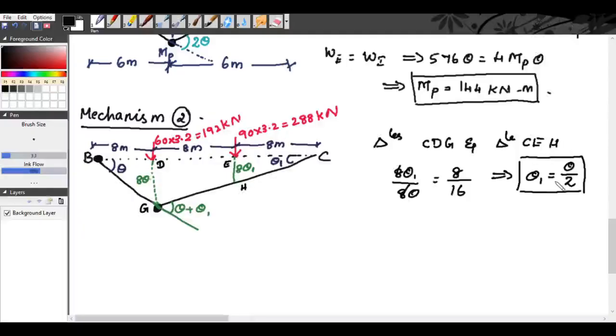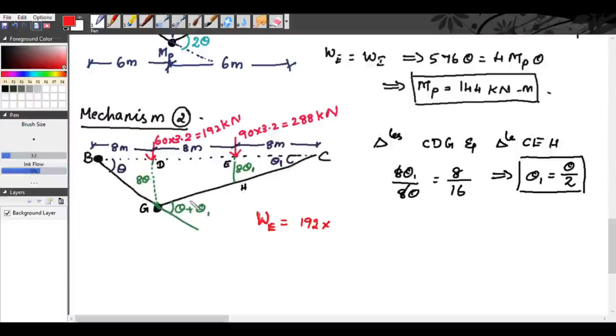Okay. Now we will find what is external work done and internal work done. So external work done, WE is equal to external loads, 192 multiplied by the distance, this distance. See, previous case mechanism 1, that was UDL, so we took the area under the load. Here it is concentrated load, so we will take the distance under the concentrated load.